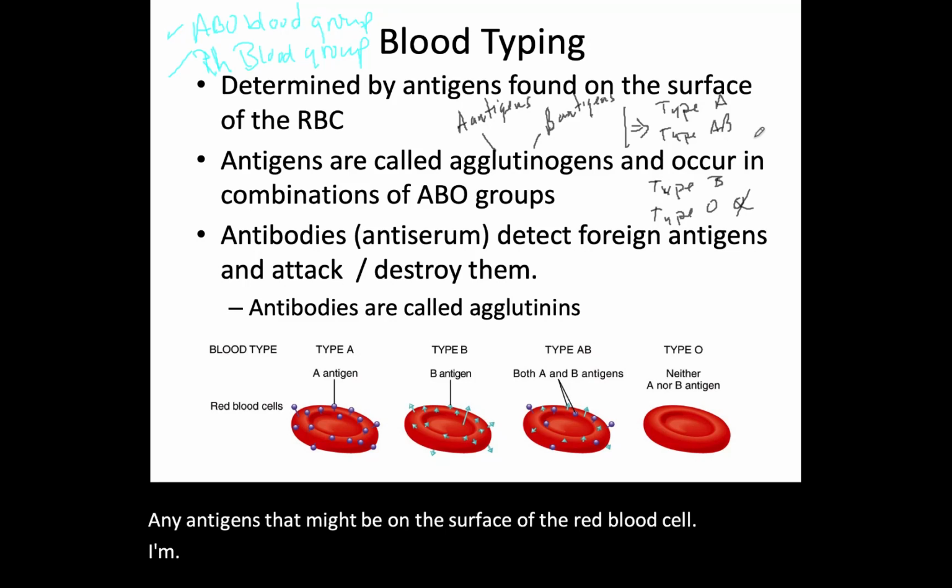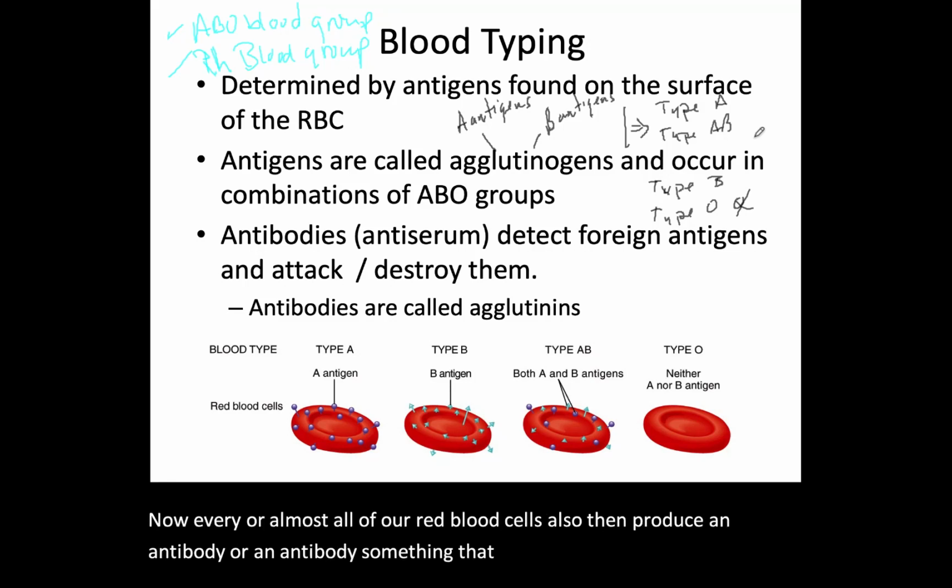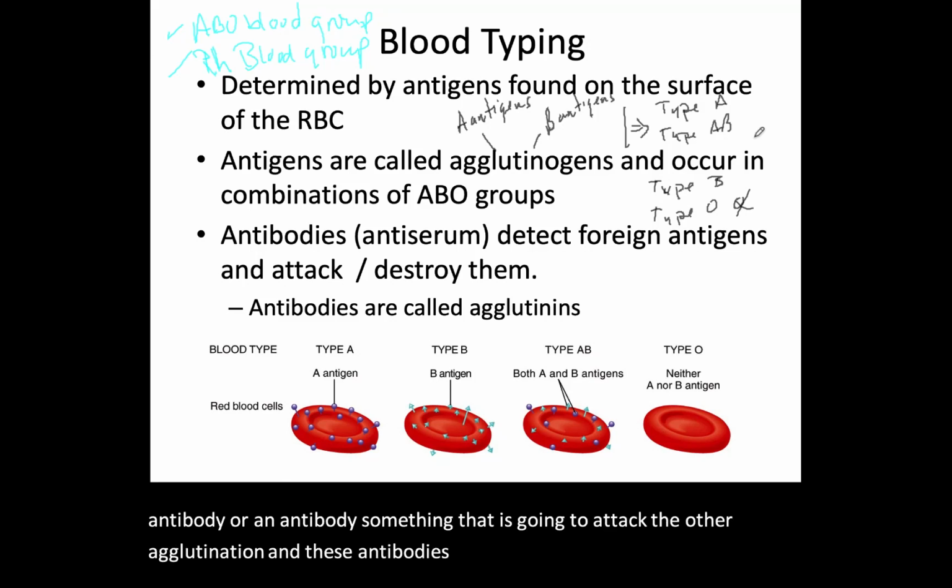Now, almost all of our red blood cells also then produce an antibody, something that is going to attack the other agglutinogen. And these antibodies are what we call agglutinins.